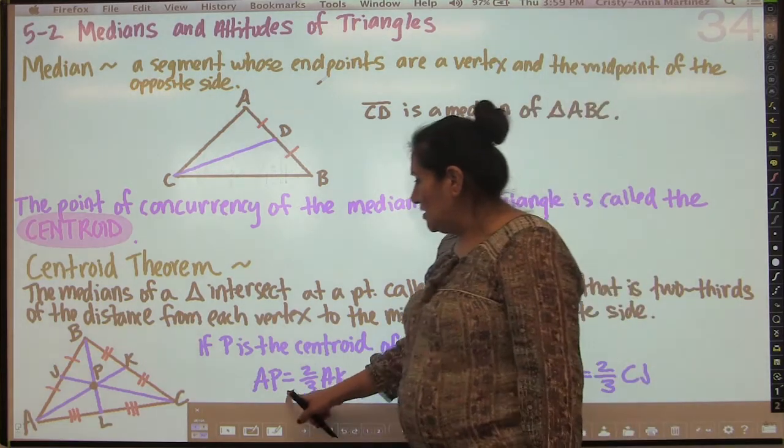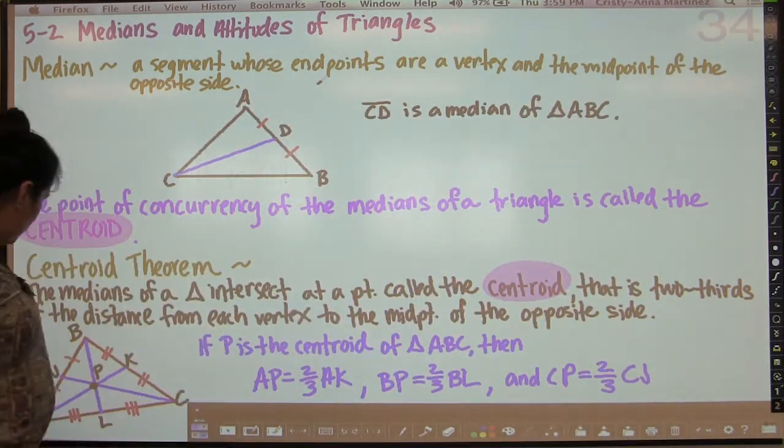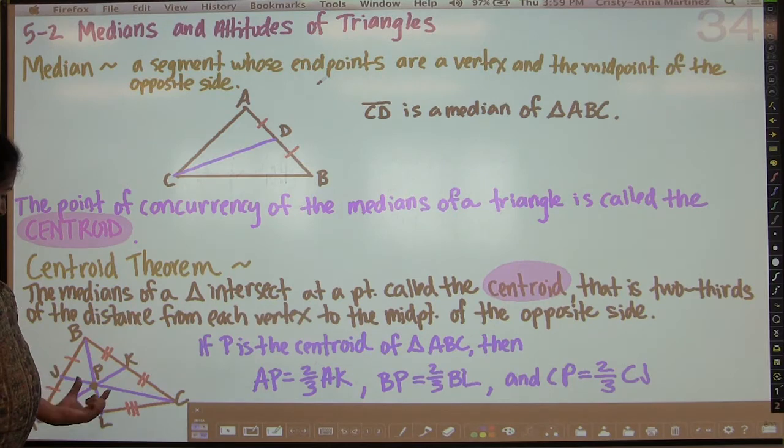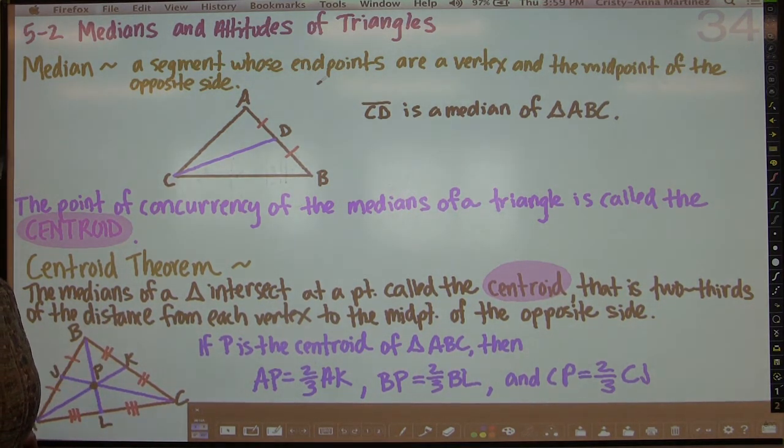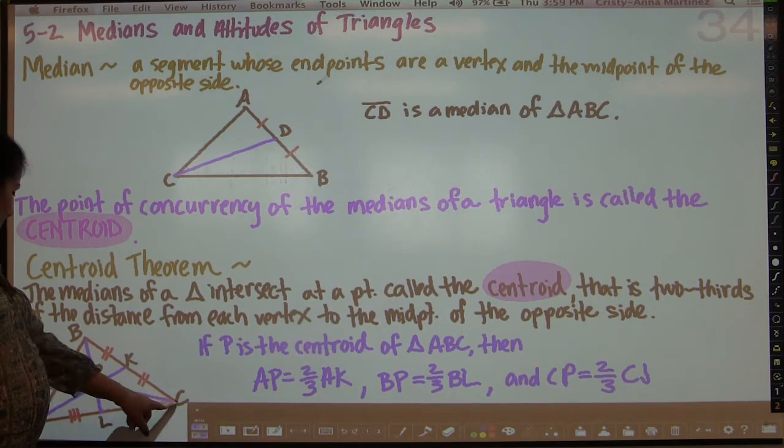The distance AP is the longer piece, and it is 2/3 of the entire segment. So if AP is 2/3, that only leaves 1/3 for PK. That happens for all the medians. BP is 2/3 of BL, and CP, the longer part, is 2/3 of C all the way to J.